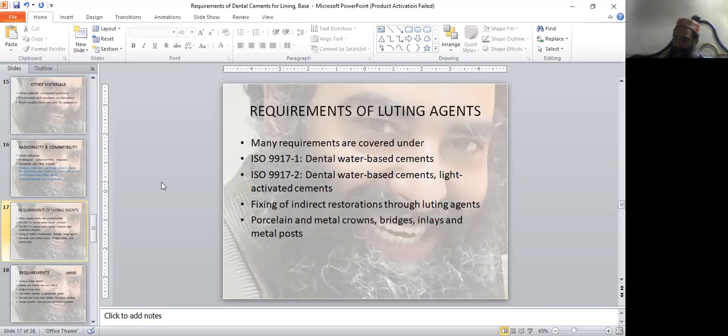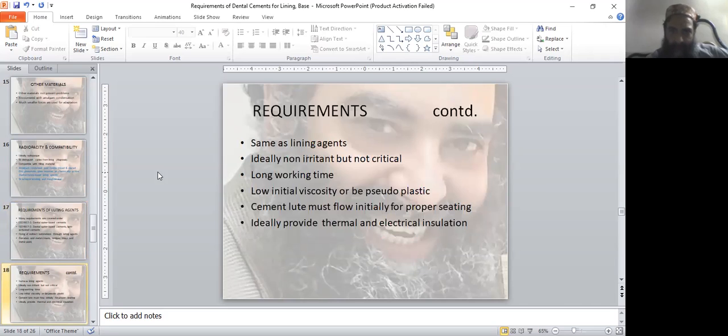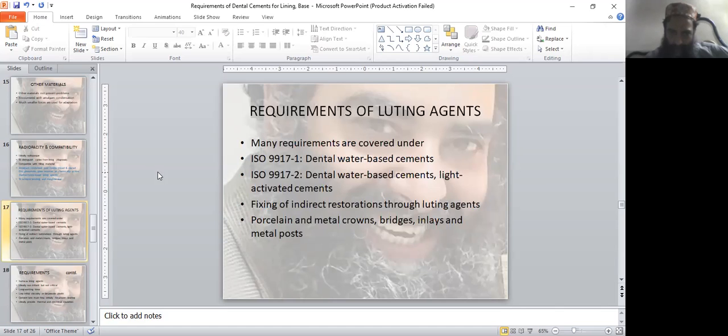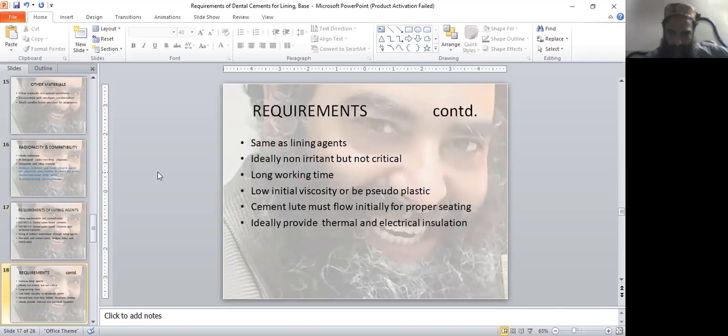Metal posts are like the metal pins, which we have discussed earlier in this lecture, dentinal pins. So now lining agents and base agents are the same.